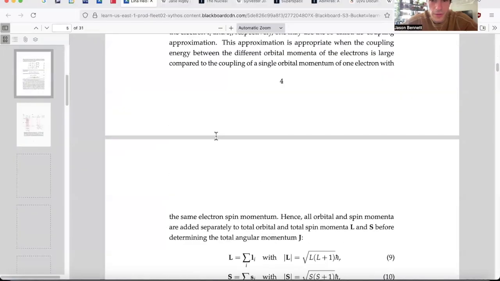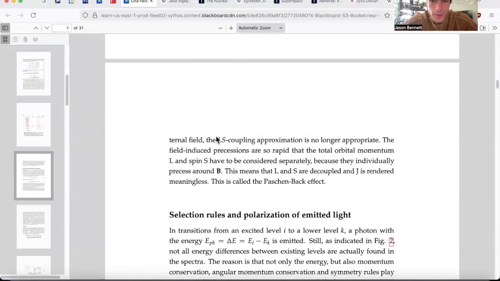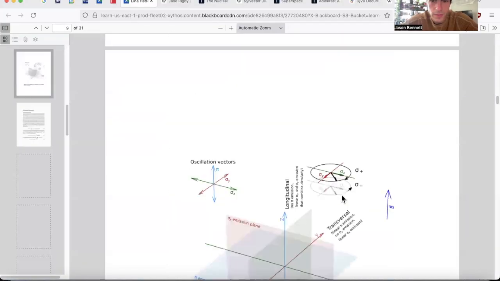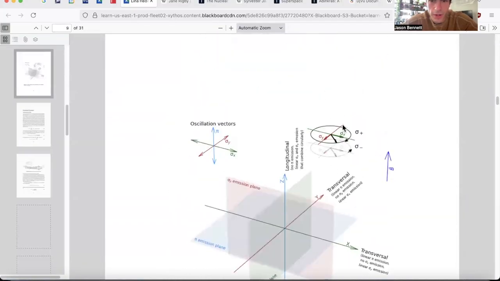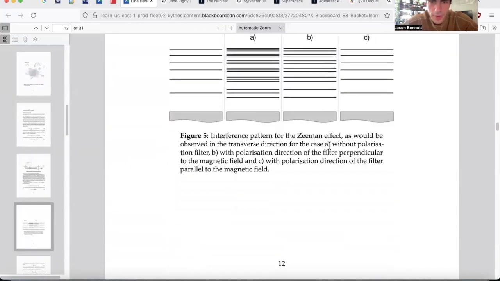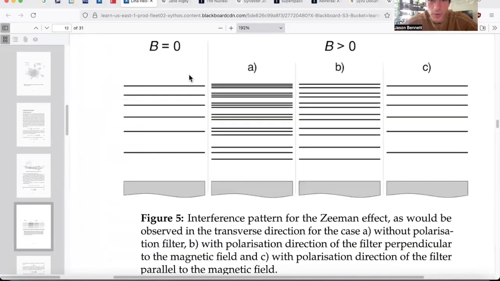this one has a decent figure for it. That's a great figure for the circular polarization stuff. Here we go. So these are the lines that we'll see when B is 0. And then depending on the polarization that we have, you'll see different things.